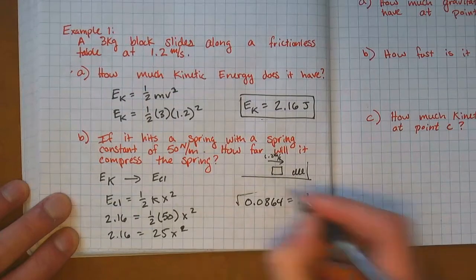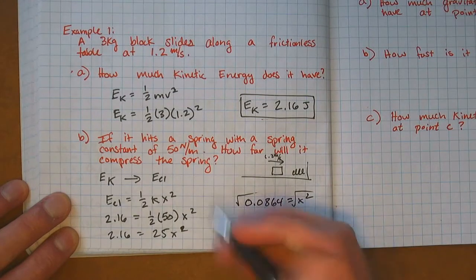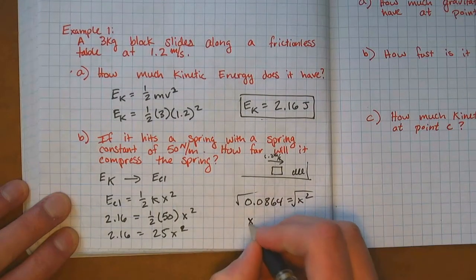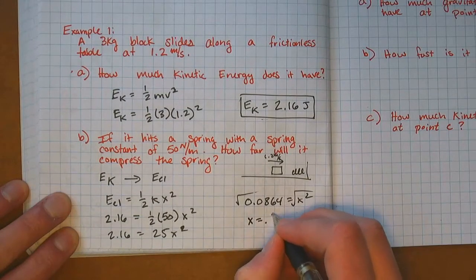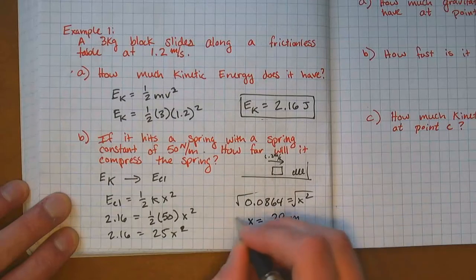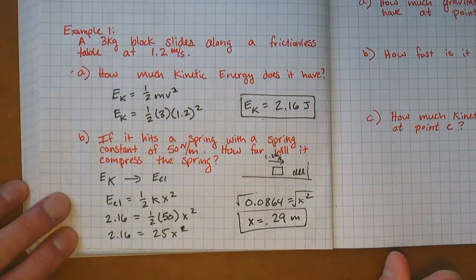Square root both sides, and you get that x is equal to 0.29 meters, which basically means 29 centimeters there.